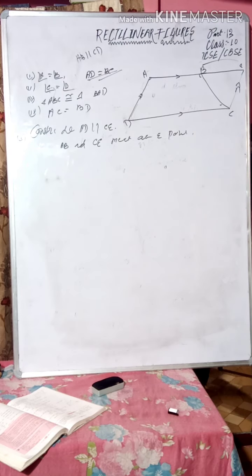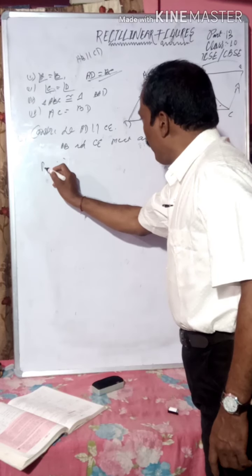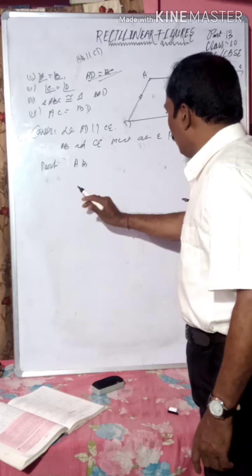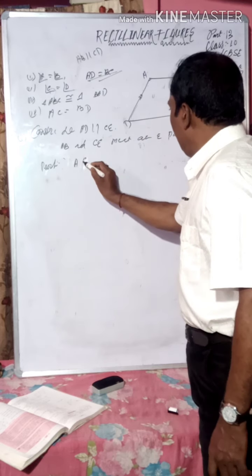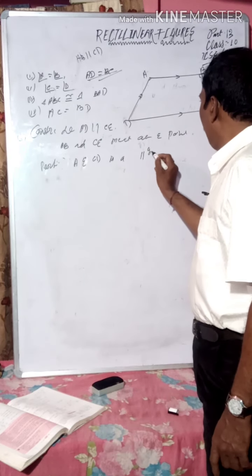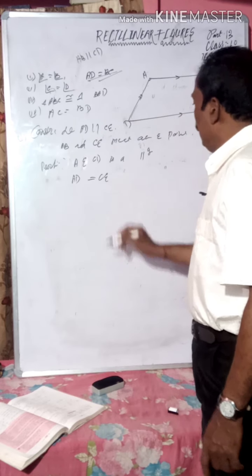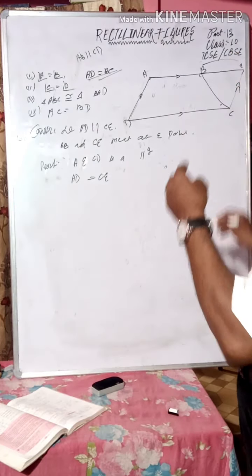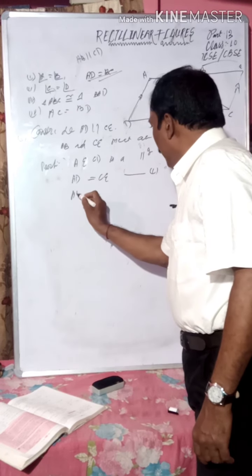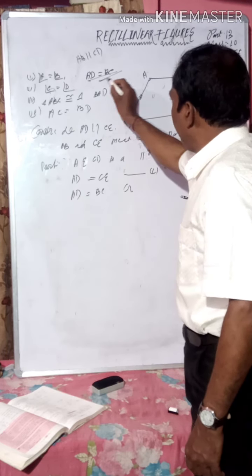So we know this is a parallel line as proof. Very interesting. As AECD is a parallelogram, AD is equal to CE and AD is parallel to CE. And given AD is equal to BC.